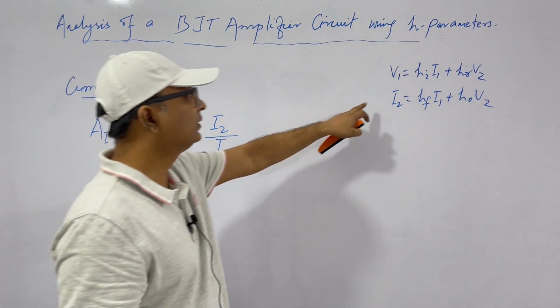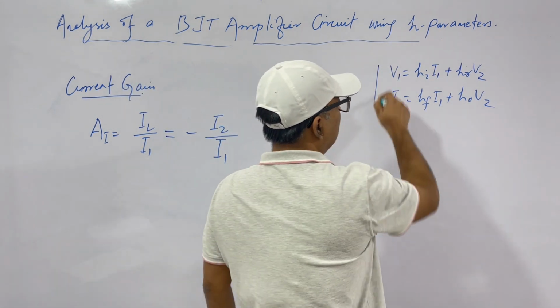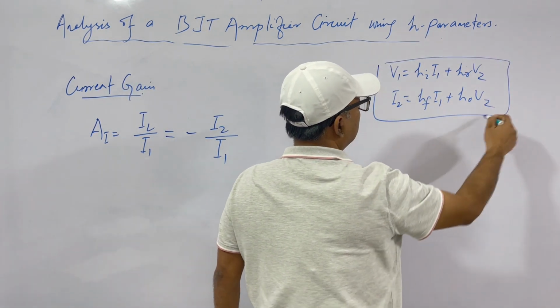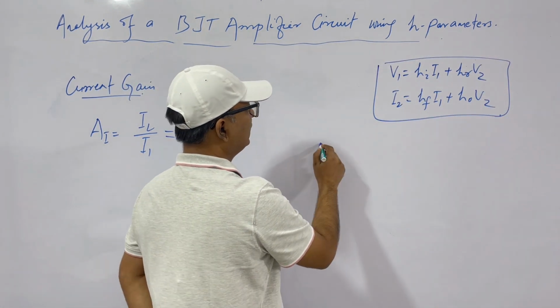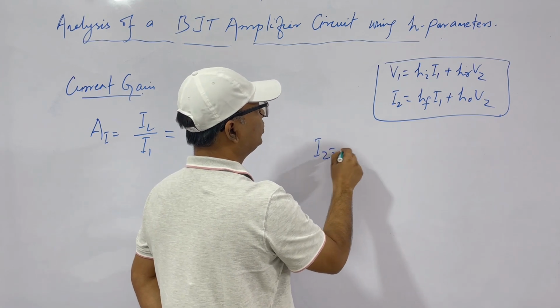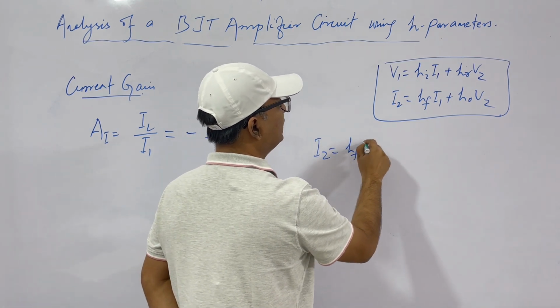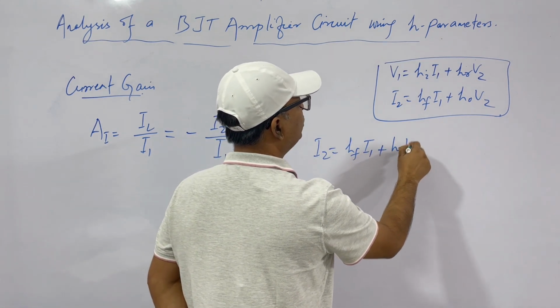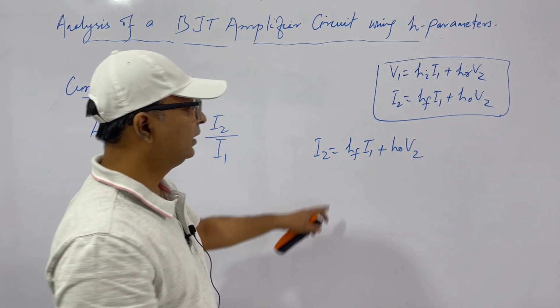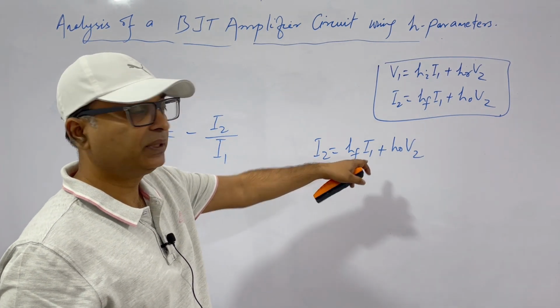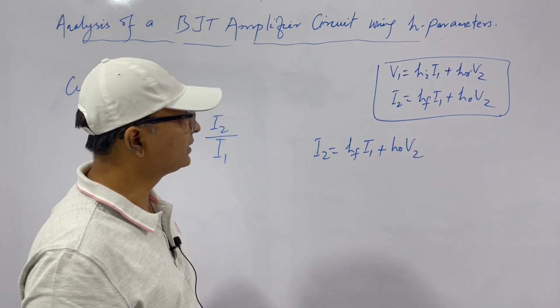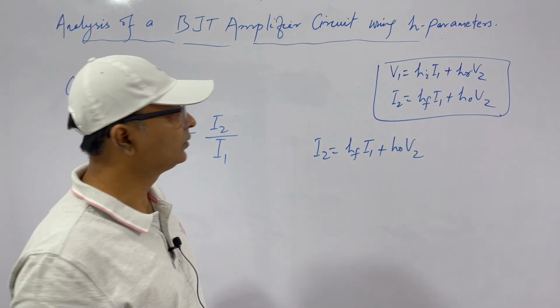Now we have I2 from here. See, these are our standard equations. We have I2 from this equation. I2 is equal to HF I1 plus HO V2. I am not using any E or C or B. This is a generalized derivation, applicable for all.